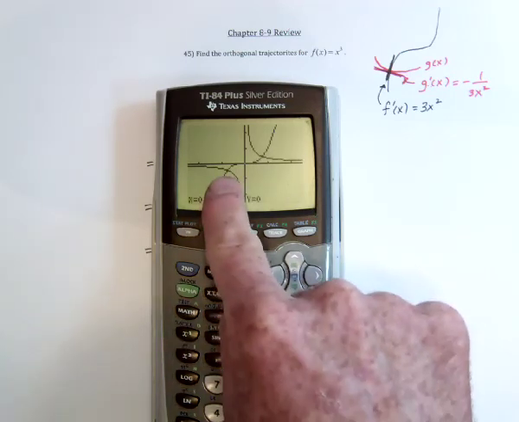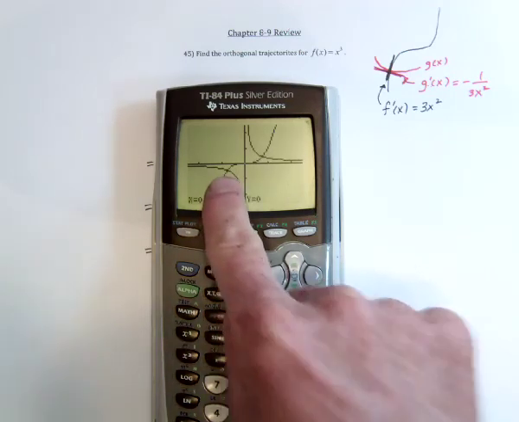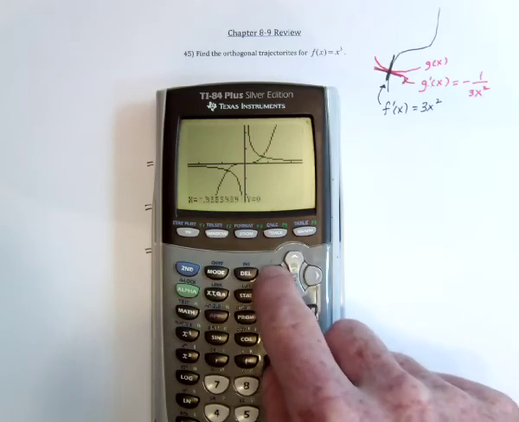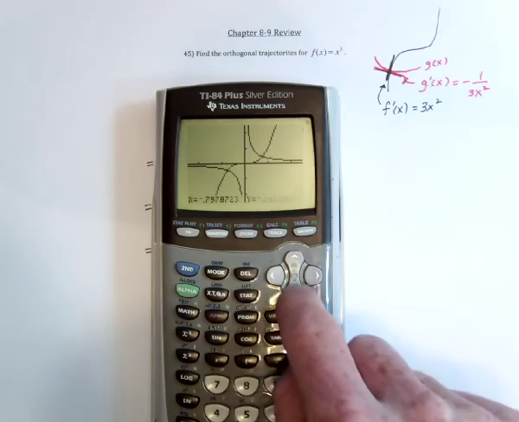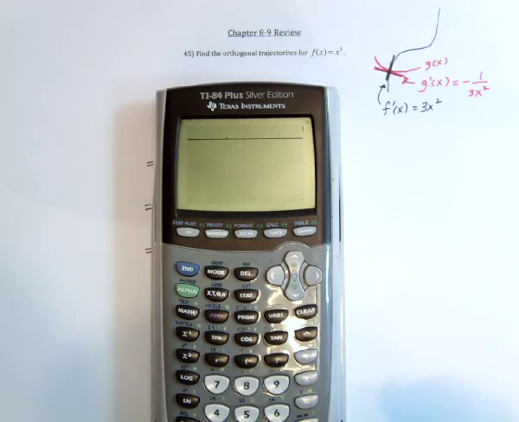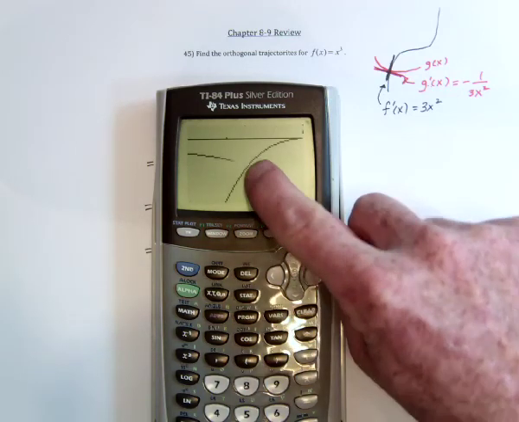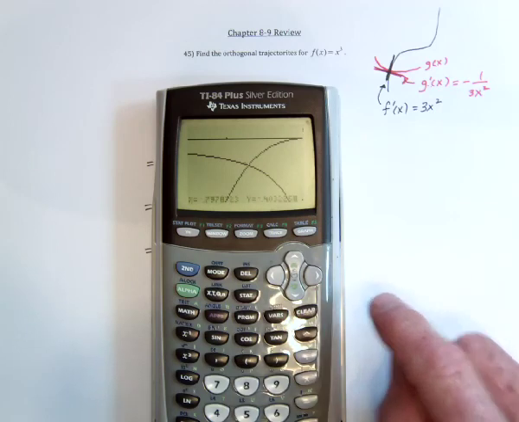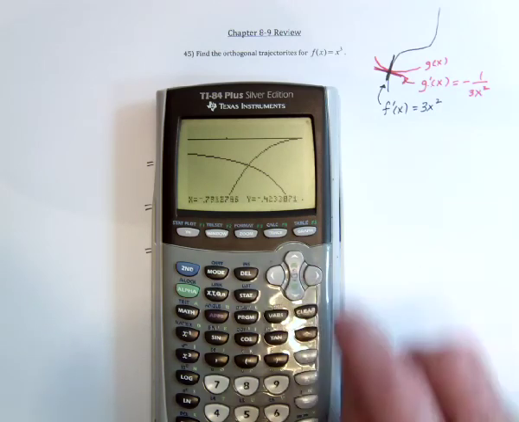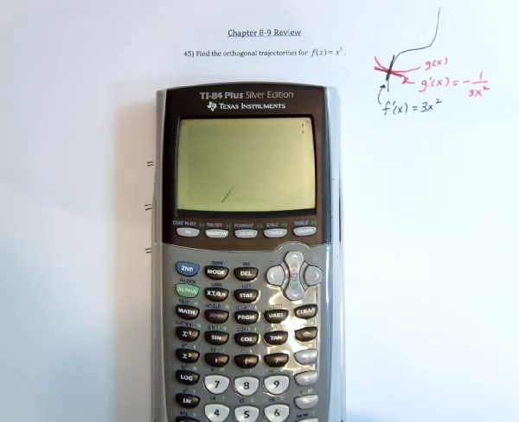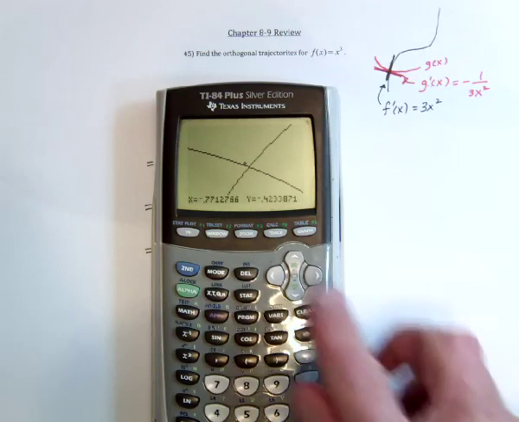So if you look at right here where they cross, I need to zoom in even more. If you zoom in enough, they basically do look like straight lines. And they should look perpendicular. I don't know, I'm a little skeptical.